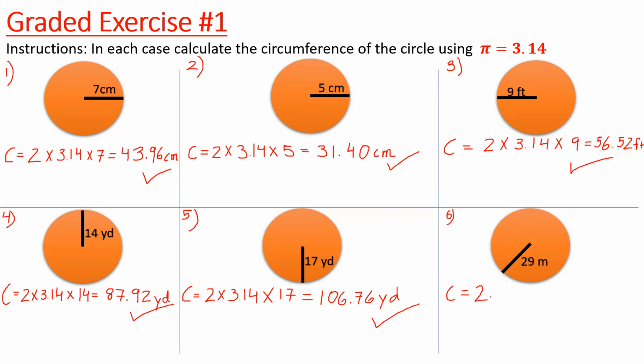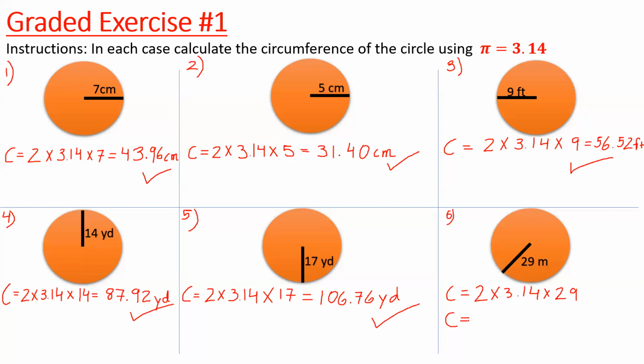2 times 3.14 times what? 29. So C is going to be equal to 2 times 3.14 times 29.